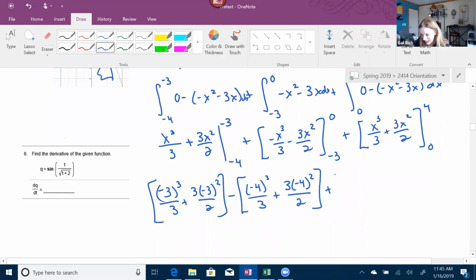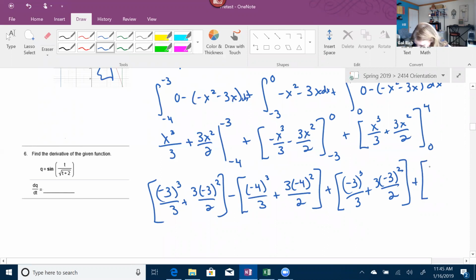So it's going to be a minus, which is going to make all of this positive. So it'll be -3 cubed over 3 plus 3 times -3 squared over 2. So again, because it's going to be the function at 0 minus that, those negatives cancel. And then plus here, when I plug 0 in, it's not going to matter, so just plug the 4 in. So that's going to be 4 cubed over 3 plus 3 times 4 squared over 2.